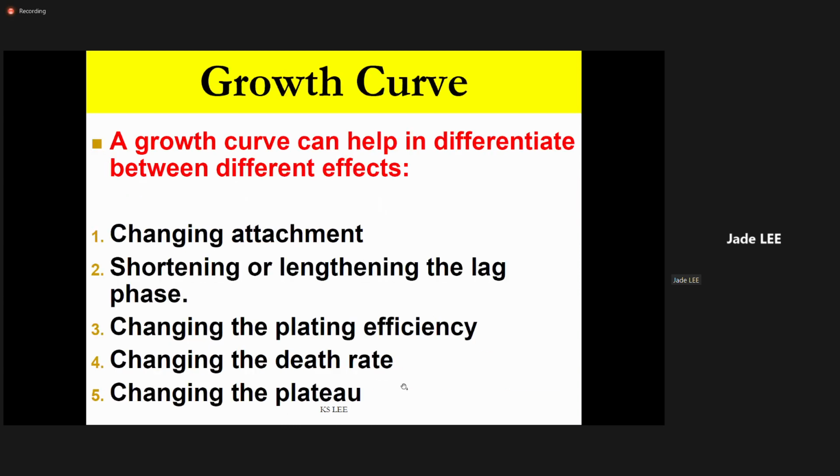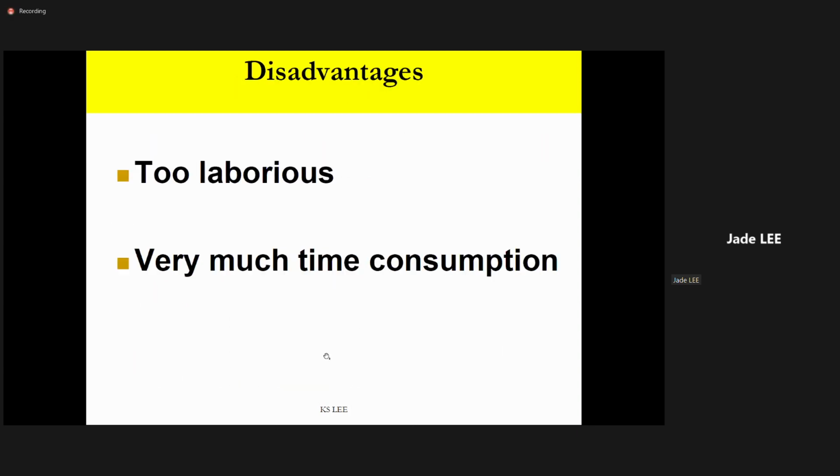The growth curve can help you differentiate between different effects, for example changing the attachment, shortening or lengthening the lag phase, changes in plating efficiency, the death rate, and also the plateau. This is the advantage, but it is very laborious and time consuming.